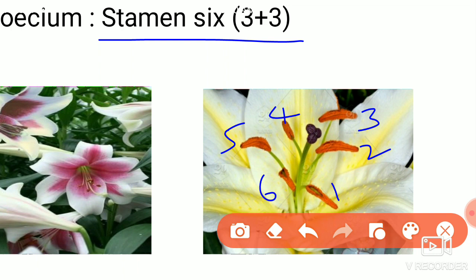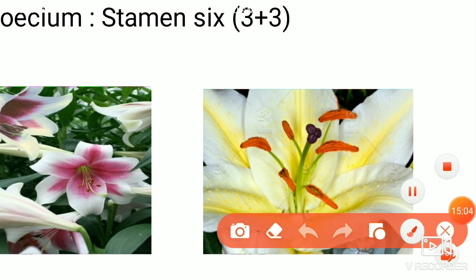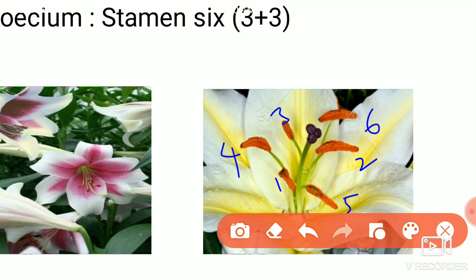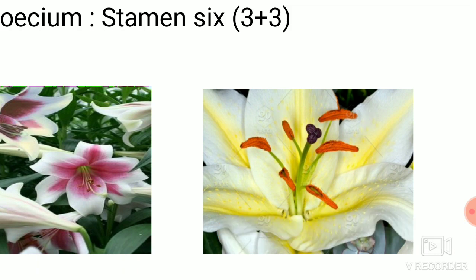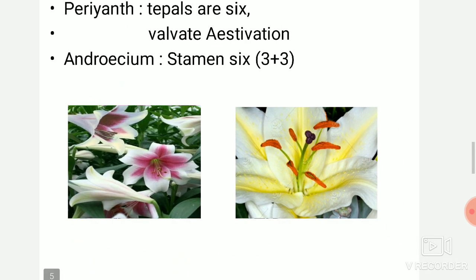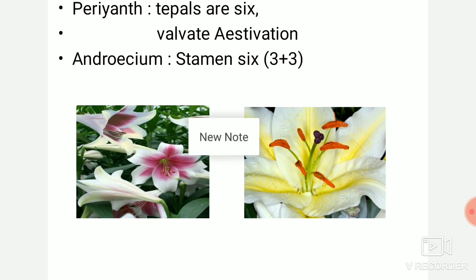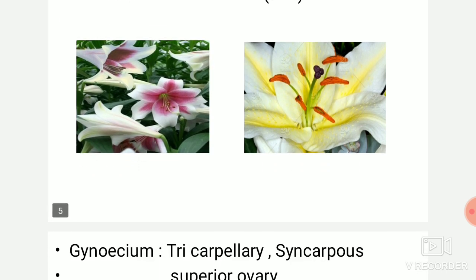That too they will arrange as a 3 plus 3. That means first 3 they will form and next 3 later it will be formed. If you consider 1, 2, 3 and here it is 4, 5, 6. In the sense first 3 will form, then later immediately next 3 will be formed. That's the arrangement of that stamens, that is a 3 plus 3 arrangement.